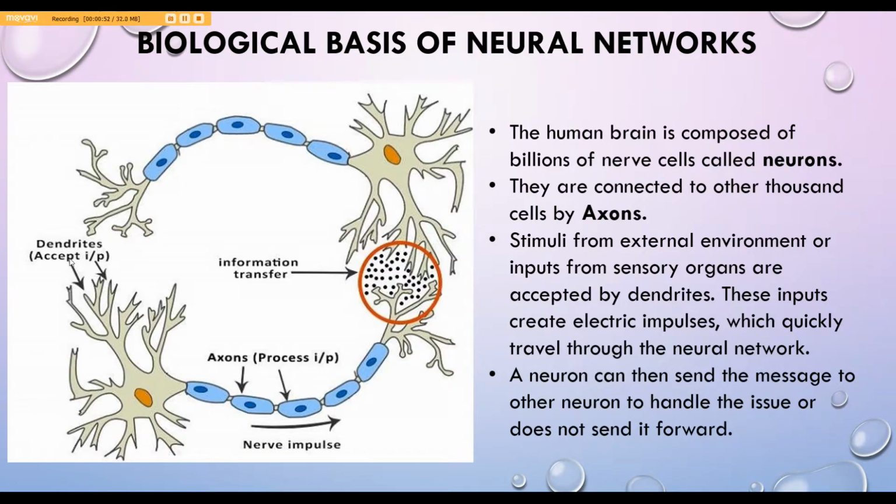These inputs create electrical impulses, and these electrical or nerve impulses travel through the neural network. The neuron can then send a message to the other neurons to handle the issue or not send it forward. So the information transfer will happen if the nerve impulse is of a certain strength.